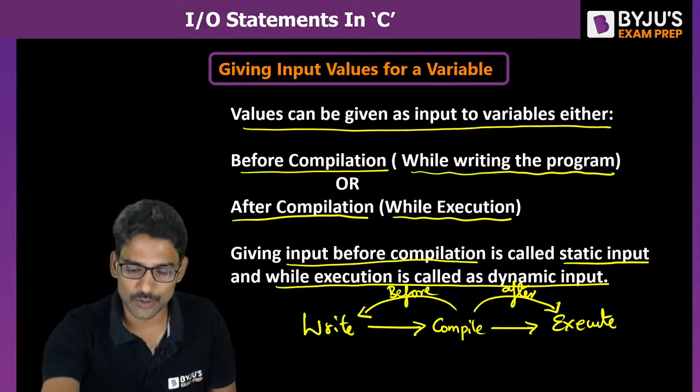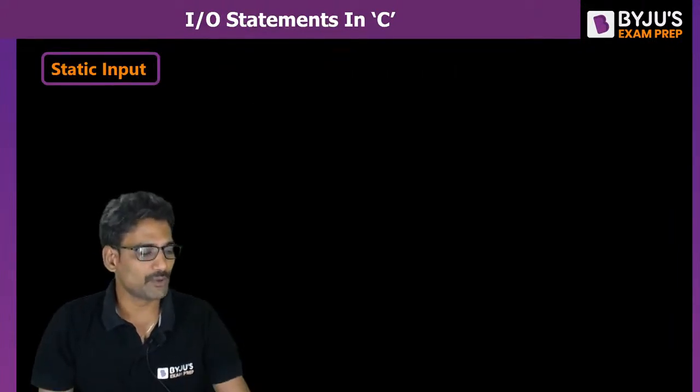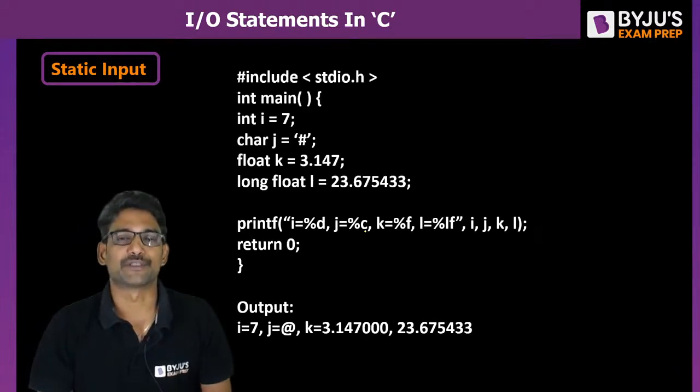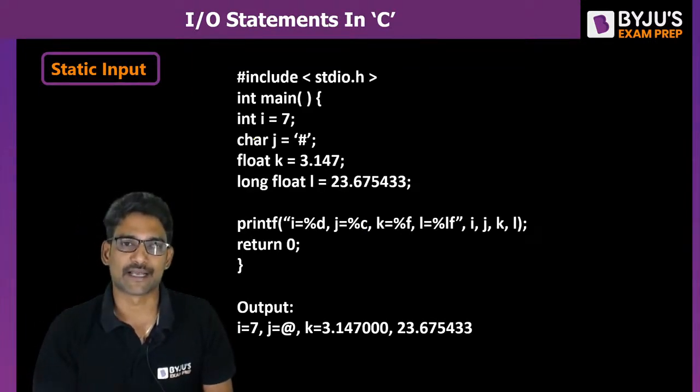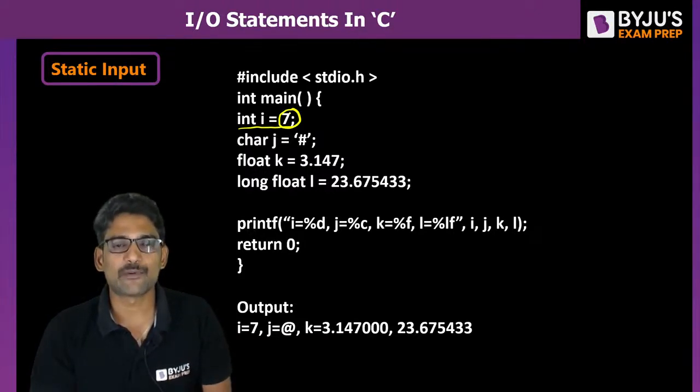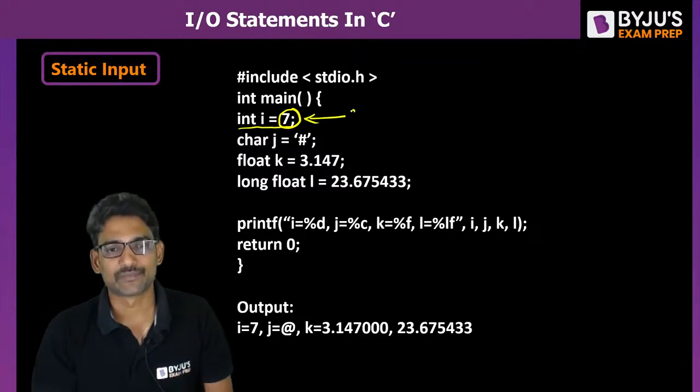So how do you give the static input? Look at this example. Here I have created one variable i and given the value while writing the program. This is called static input.